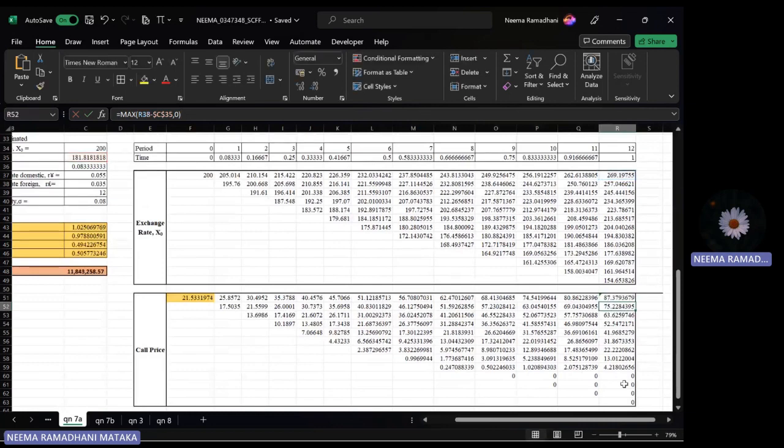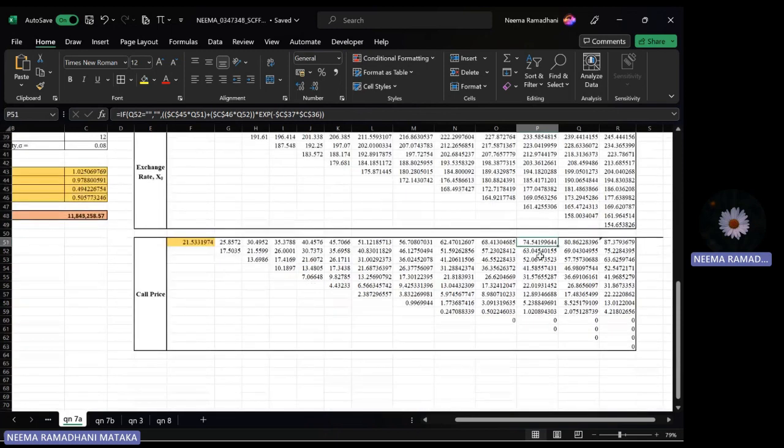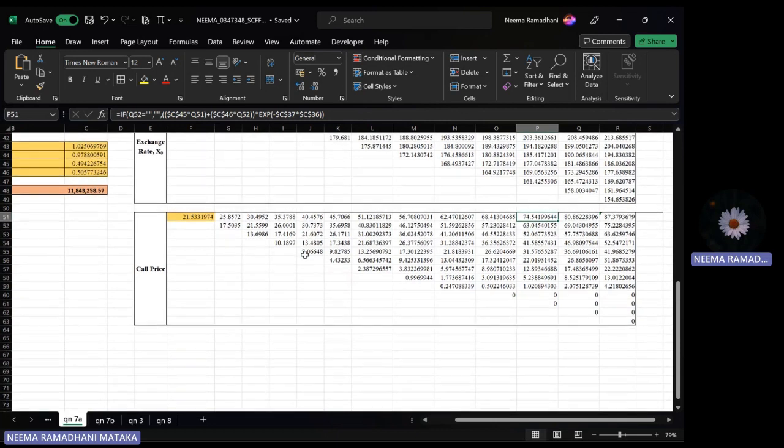I solved for this last column first, and then I applied the same formula that we used for the put price. I paste it here and then drag through these cells to get the values of the call price.